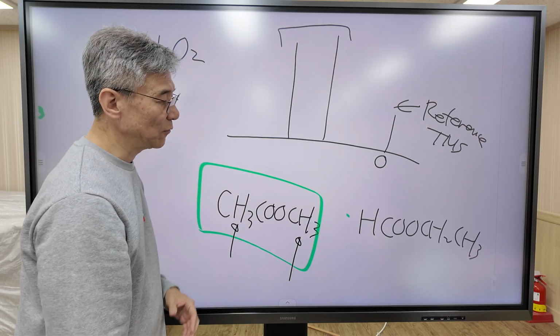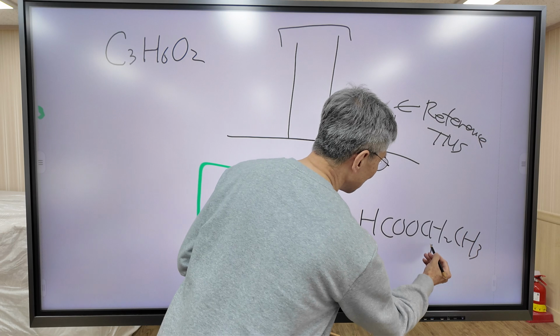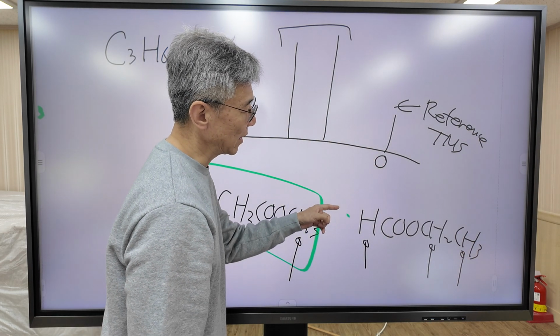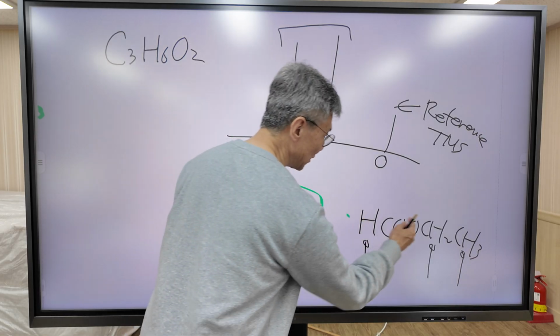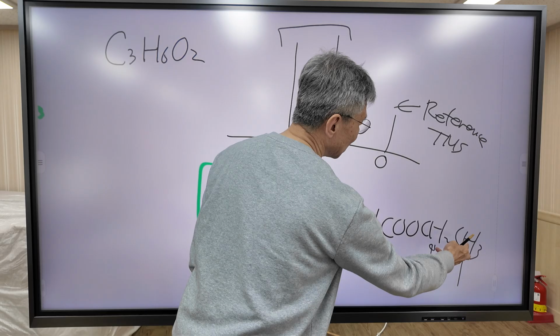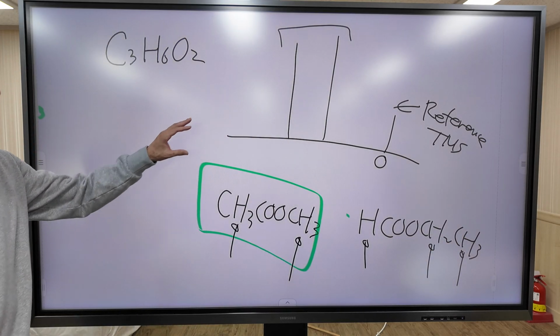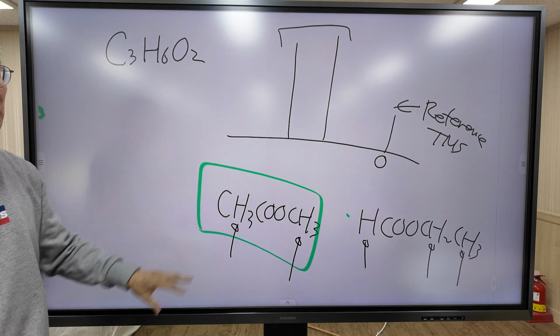From this molecule, you would obtain 1, 2, 3. If this molecule gives an NMR spectrum, 3 peaks would appear, right? Because 3 different protons in different chemical environments appear. So, according to the NMR spectrum, the molecule may be this one.